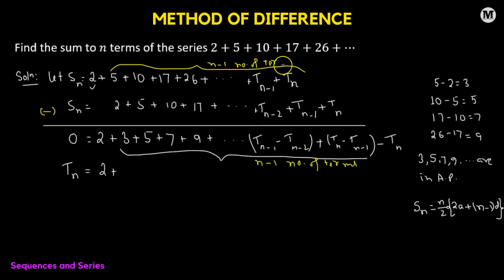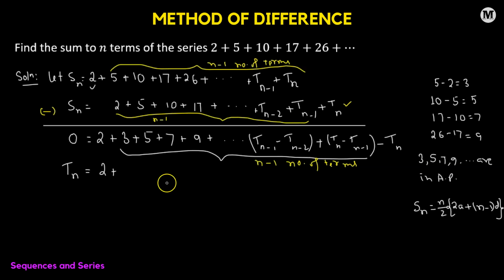Now, the same thing is also happening to the second series Sn. Here we consider the second term all the way up to the second last term, and we excluded the last term Tn. So that means the second series has also got n minus 1 terms. Now we subtracted n minus 1 terms from the other n minus 1 terms, and that's going to leave us with n minus 1. So let's now find out the sum.